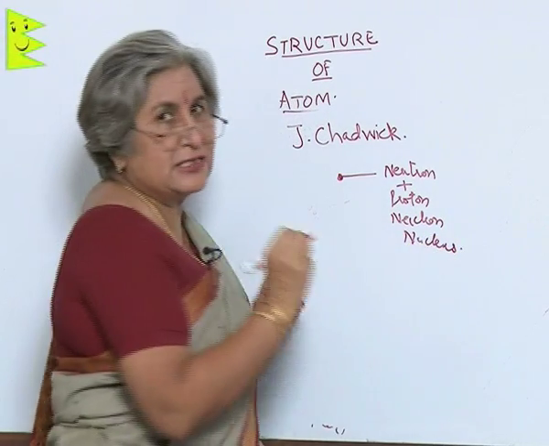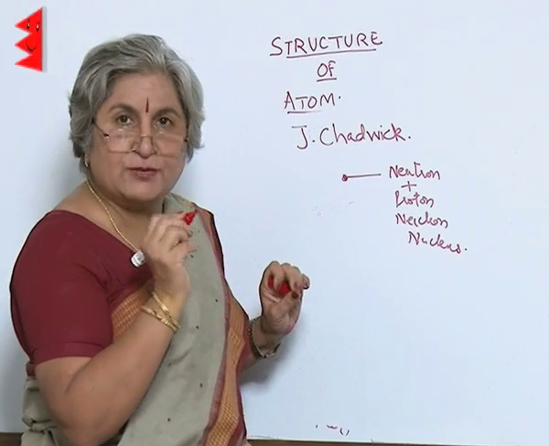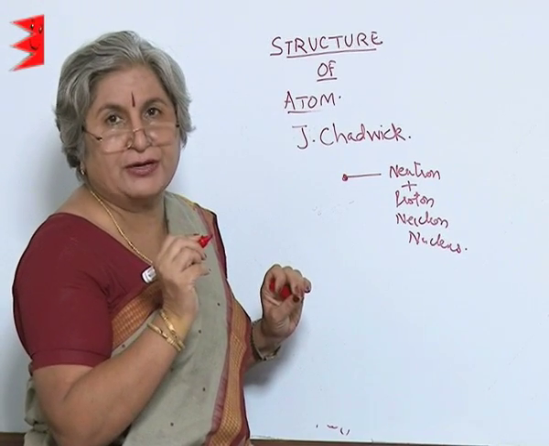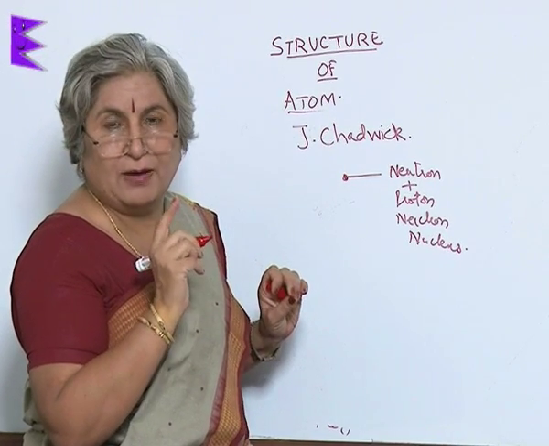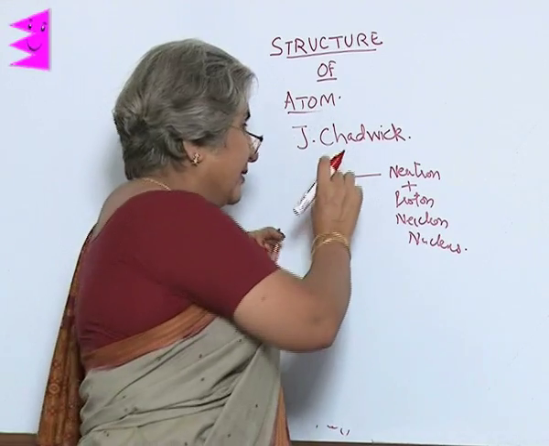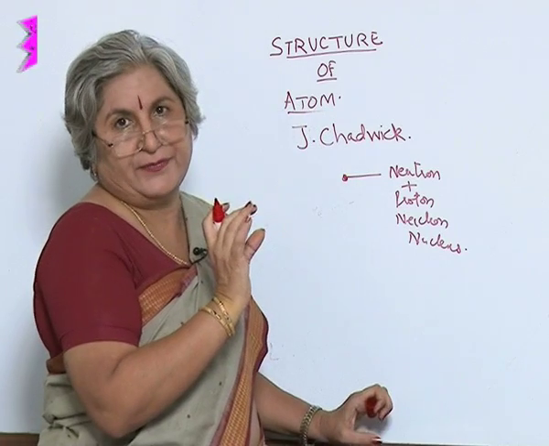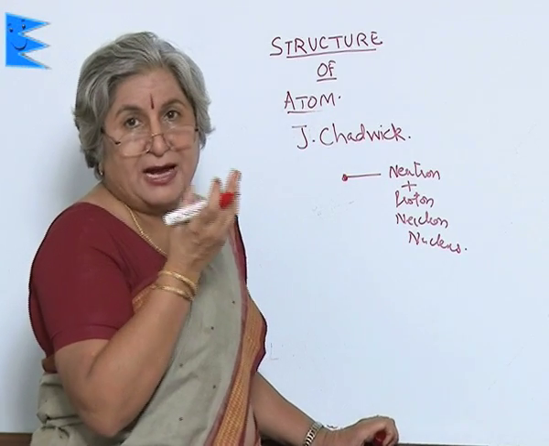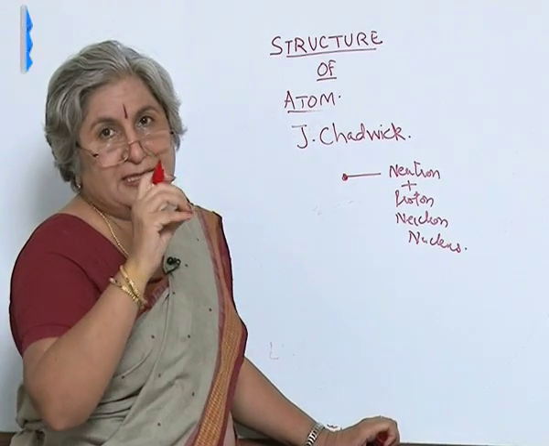The nucleus is positively charged, and as both proton and neutron have mass equal to 1, most of the mass of the atom is concentrated only in the center. So, whatever the mass of an atom, it is in the center.